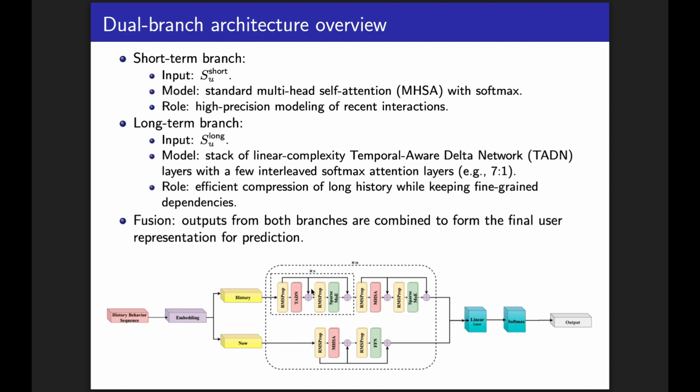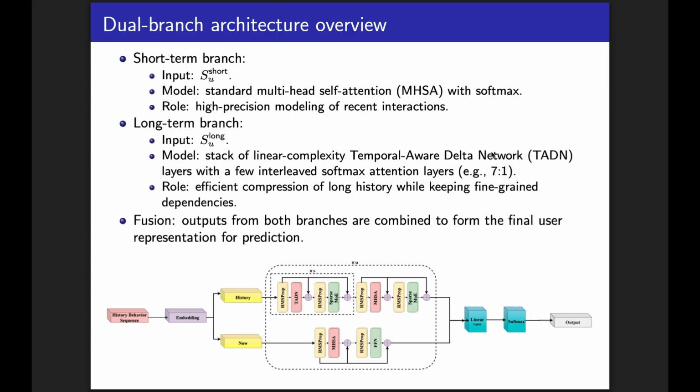It's a hybrid branch made of some normal vanilla softmax attention blocks, and then many other blocks based on the TADN, Temporal-Aware Delta Network. This is what we're going to focus our next slides on.